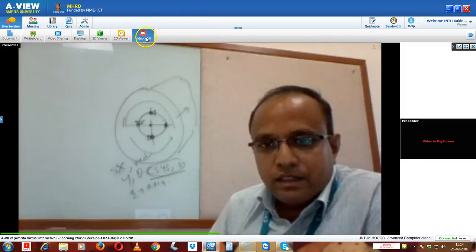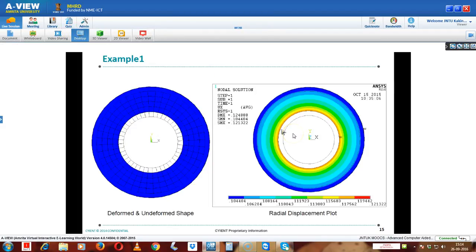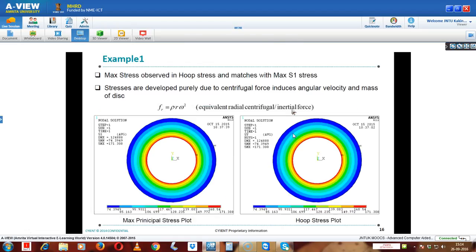If you see the behavior of this component, deformed versus undeformed, it is uniformly growing when subjected to angular velocity. If you see the deflection plot as well, it is uniformly growing from bottom to top. We'll discuss this case study once we complete the loads and boundary loads.